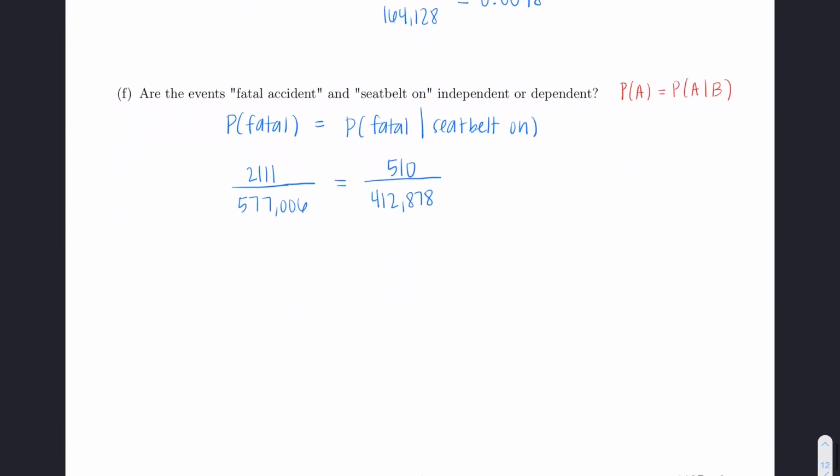And so here, if I reduce both of these to decimals, for the first one, you get 0.0037. And for the second one, you get 0.0012. So since these two things are not equal, my events are going to be dependent.